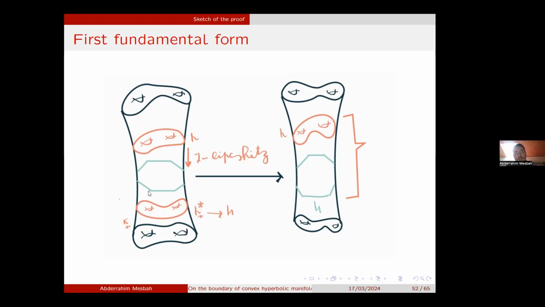The projection is also 1-Lipschitz, so this guarantees that the measured lamination on the other boundary of the convex core won't diverge. And this is in order to use the lemma to deduce that our sequence of quasi-Fuchsian manifolds will converge up to extraction. This limit will realize h as the induced metric on the upper boundary and realize mu as the bending lamination on the lower boundary.